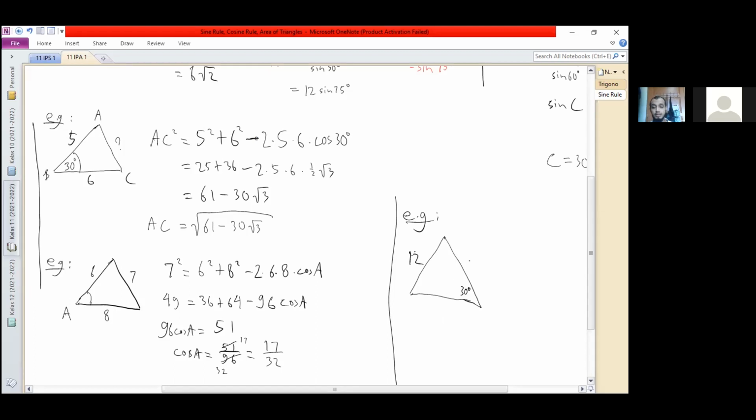And then let's just say this is 12 square root of 3. No, square root of 2.